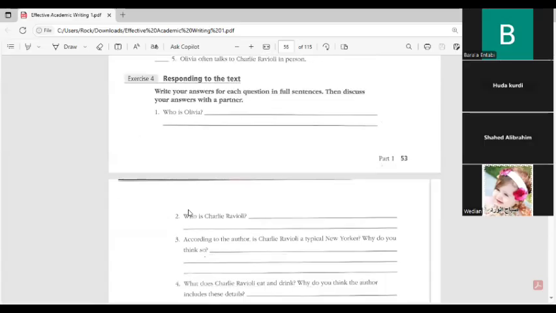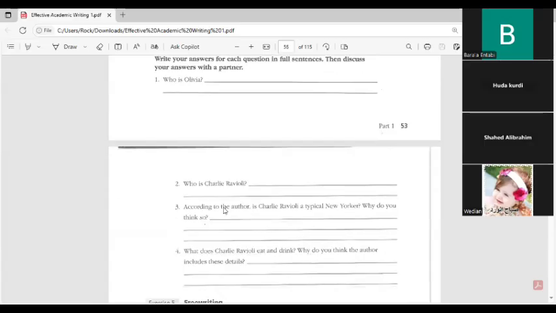Who is Charlie Raviglio? He is not a toy, he is Olivia's imaginary friend. The toy is the phone that she's holding, and she's talking to him on the phone.